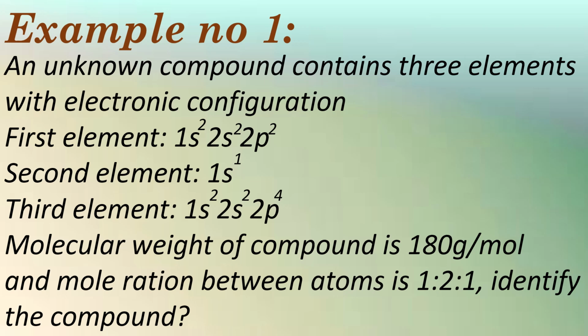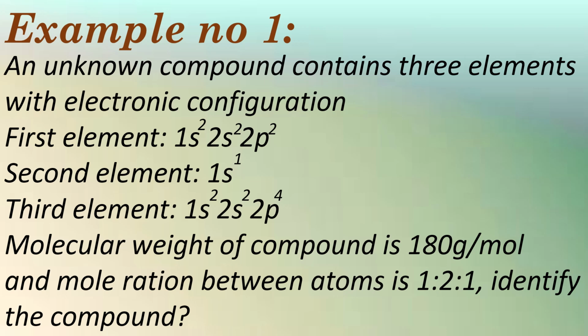So in example 1, we have to identify the unknown compound. Three elements with their electronic configuration of neutral atom are given. First element has neutral 1s2, 2s2, 2p2. S orbital is spherical in shape, p orbital is dumbbell in shape, d orbital is clover leaf shape and f orbital is complex in shape.